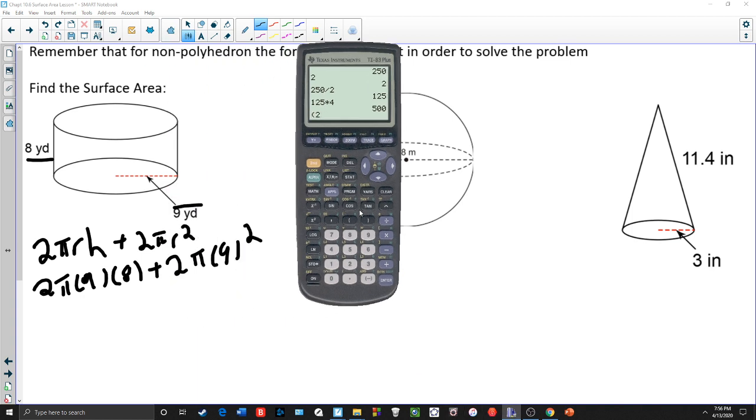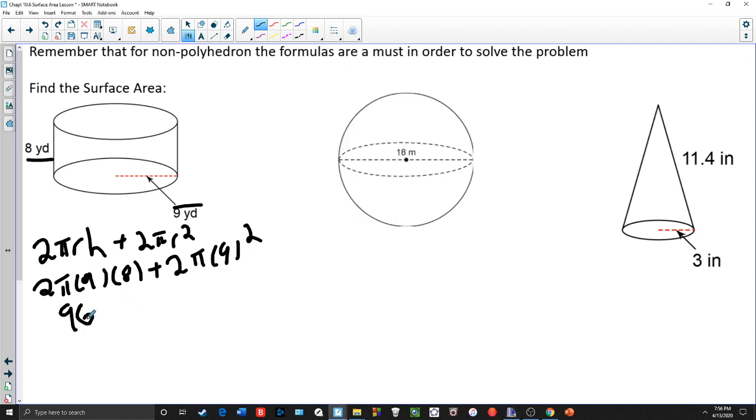So 2 times pi times 9 times 8, put that in parentheses, plus 2 times pi times 9 squared, which is 81, so I'll put 81 there. And you get 961.327.